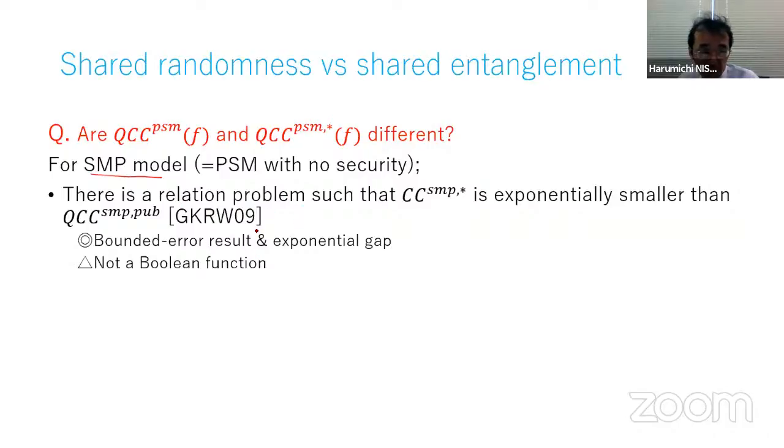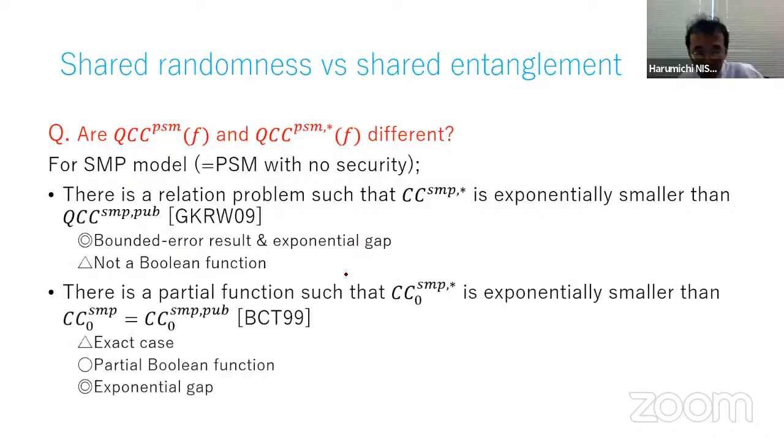But this problem is a very artificial relation problem. Of course, this result is for the bounded error case, so in this sense it is very good, but the problem is artificial, so this part is not good. In another result, there is a partial function such that the entanglement case is exponentially smaller than the public randomness case.